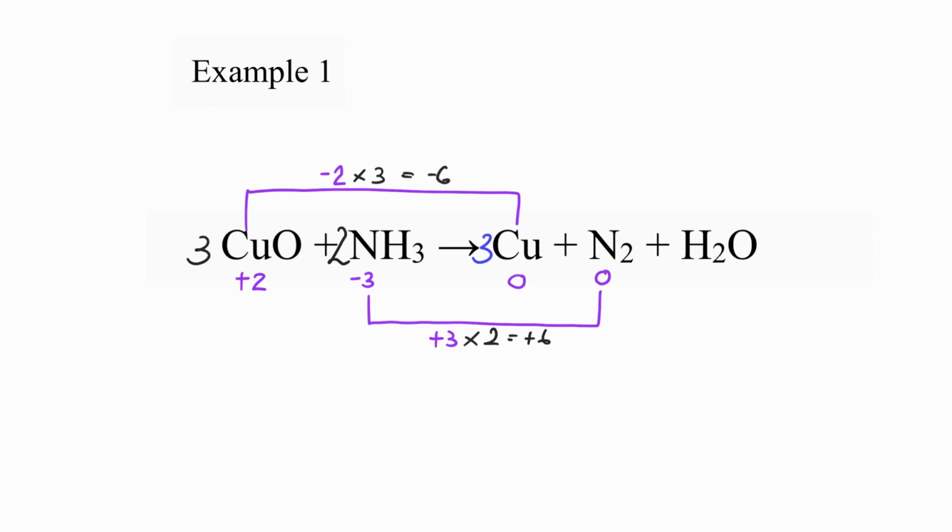So we could multiply H2O by 3. We will have 6 hydrogen atoms on the right, and just nice, it balances off the oxygen atoms, with 3 oxygen atoms on the right and 3 oxygen atoms on the left. Now all atoms are balanced and we have a balanced equation.